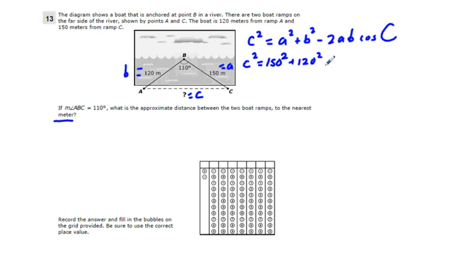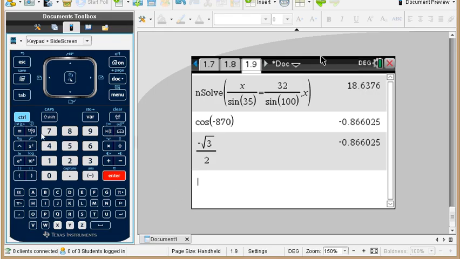And now just going to our calculator, I want to just go to menu. Let me escape out of that. Menu, numerical solve.